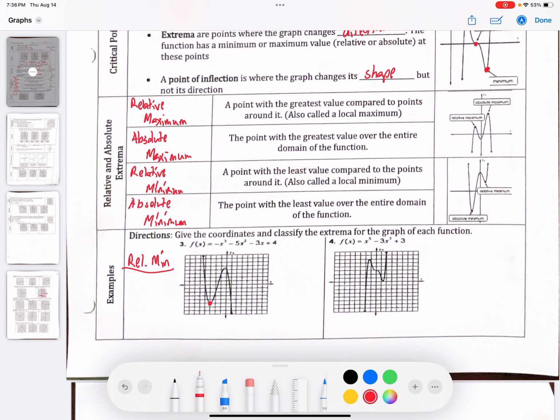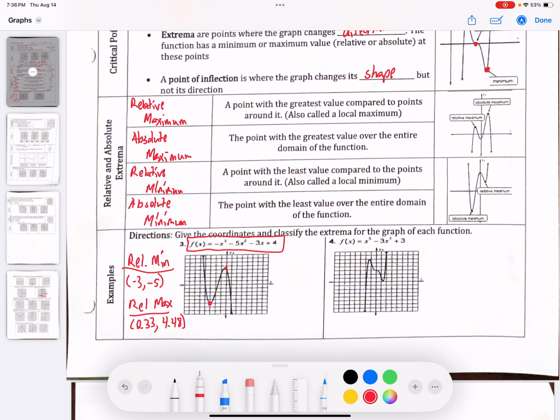So our relative minimum is going to be (-3, -5). That's our ordered pair for it. And our relative maximum is this point here, which is roughly (0.33, 4.48). And the way I got those values is I plugged this function into Desmos, and I clicked on my critical points to get the relative minimum and maximum.